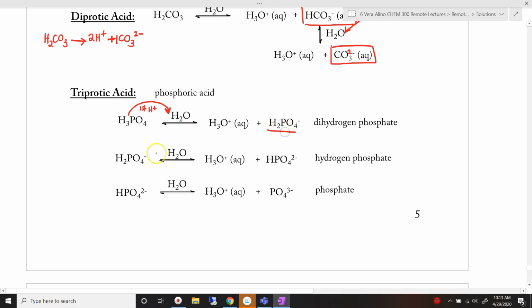Then this dihydrogen phosphate ion will release its second hydrogen ion to water in order to form a second intermediate product called hydrogen phosphate ion, which will then release the third or the last hydrogen proton to the third water molecule. Okay, as a result, it will form a phosphate ion. And there you go. It's a step-by-step process. It doesn't get released in one go.